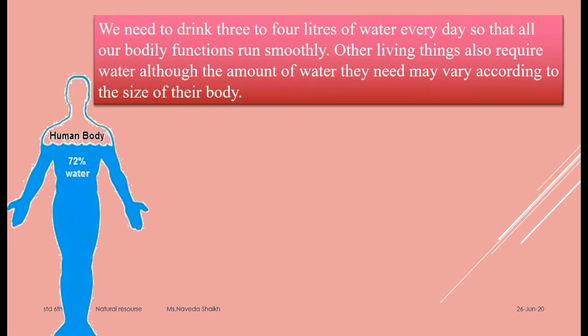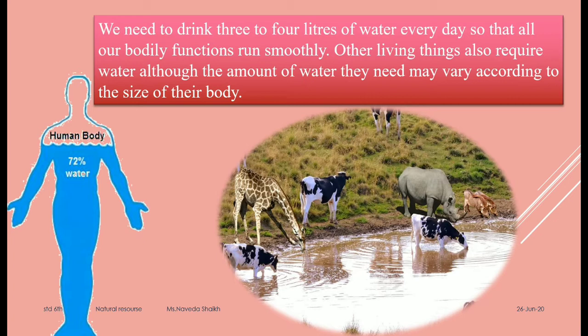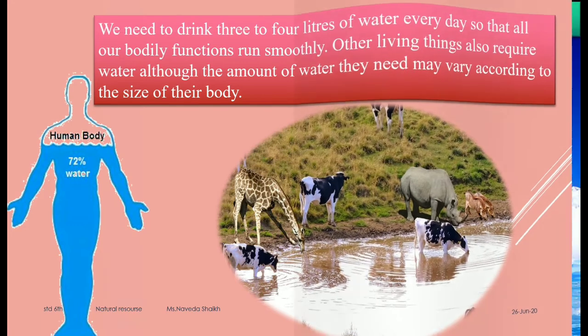So you need water in various activities inside your body also. You need to drink at least 3 to 4 liters of water every day so that your body functions properly. Other living things also require water, and the amount depends upon their size and the work that they do.